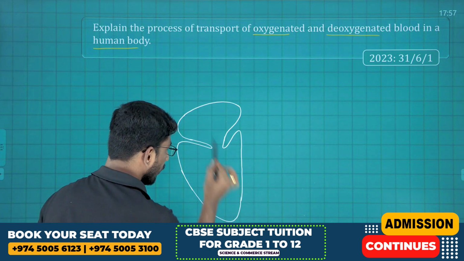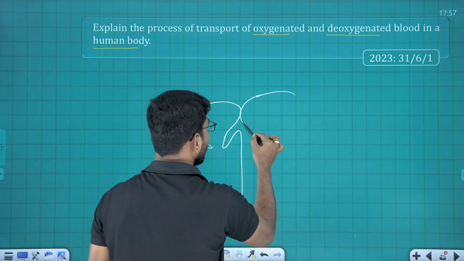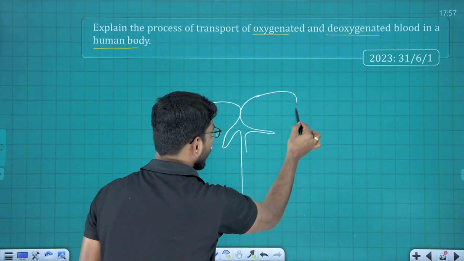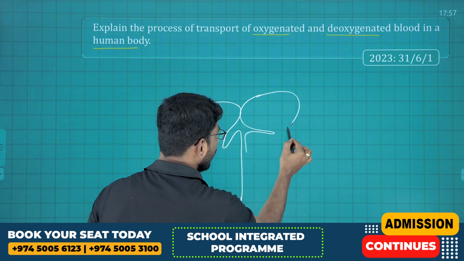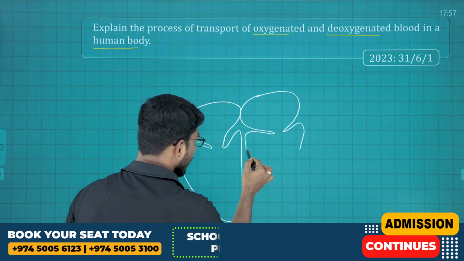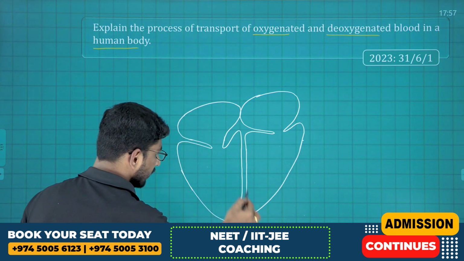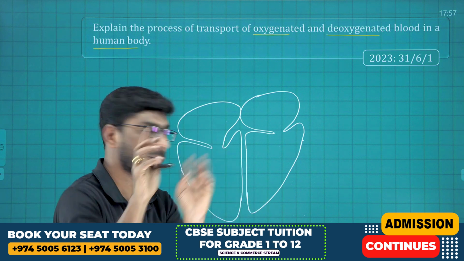There is one valve there. What is the valve? Tell me. The valve is called the tricuspid valve. This is the left auricle. Left auricle opens into the left ventricle. Look at it. There is one more valve there. What is the valve called? Bicuspid.